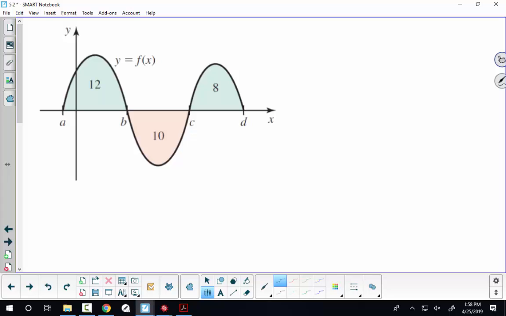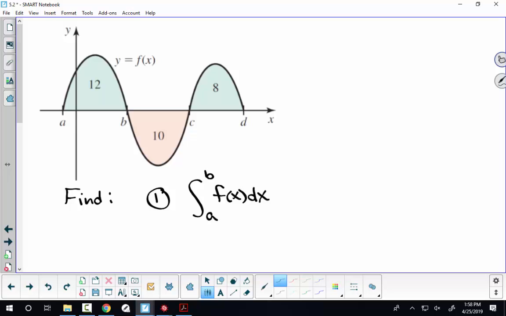So we're given this figure. Let's find the integral from a to b of this function f of x with respect to x. So what would that be?